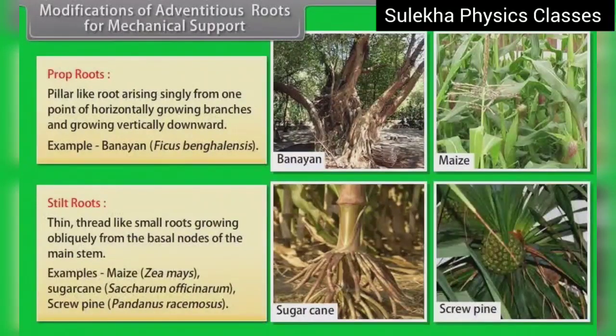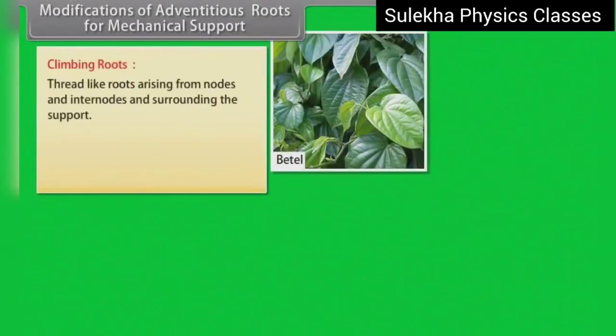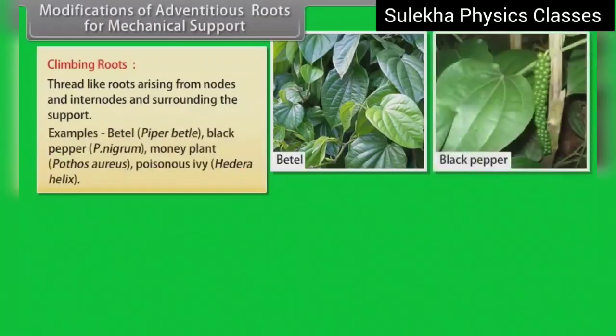Examples, maize, sugarcane, screw pine. Climbing roots: thread-like roots arising from nodes and internodes and surrounding the support. Examples, betel, black pepper, money plant, poison ivy.